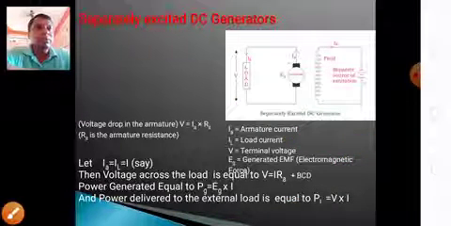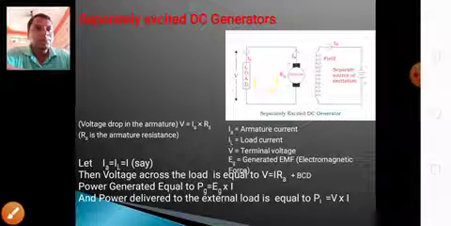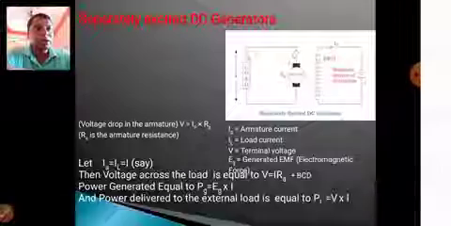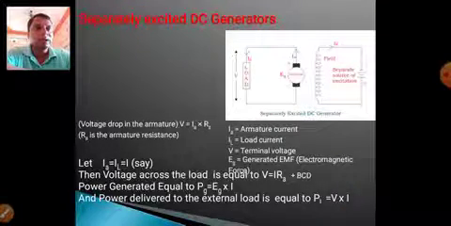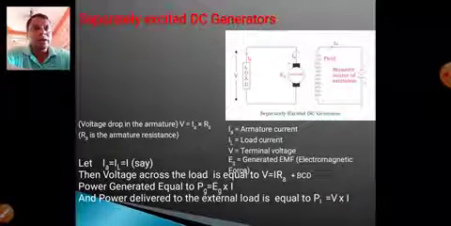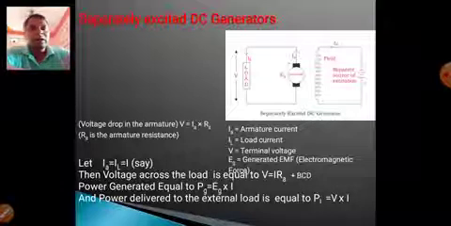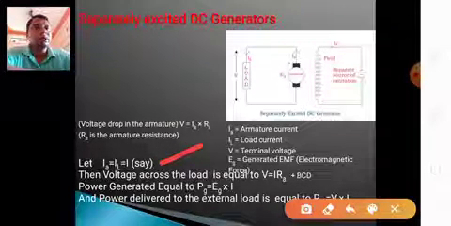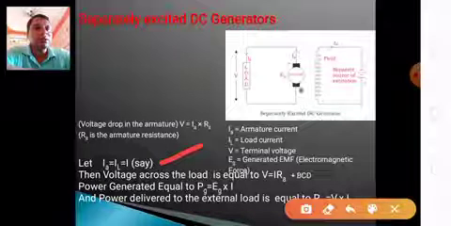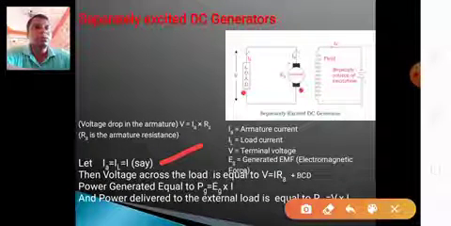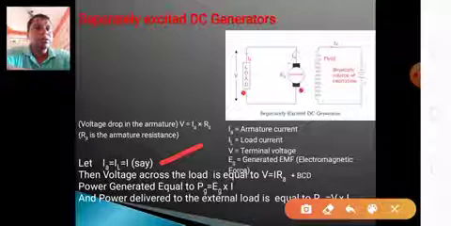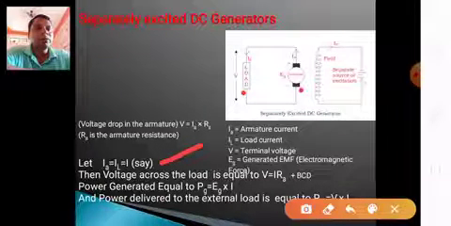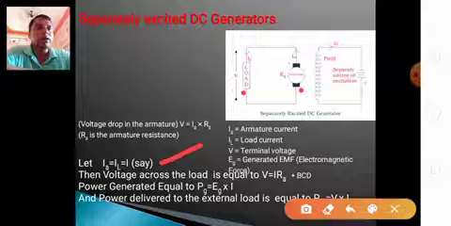For the current equations, first IA equal to IL, that is equal to I. Why? Because the armature is in series with the load, so the armature current is equal to the load current. Then the voltage across the load is V equal to EG minus I into RA.